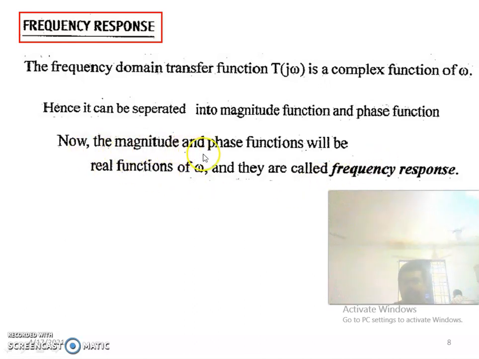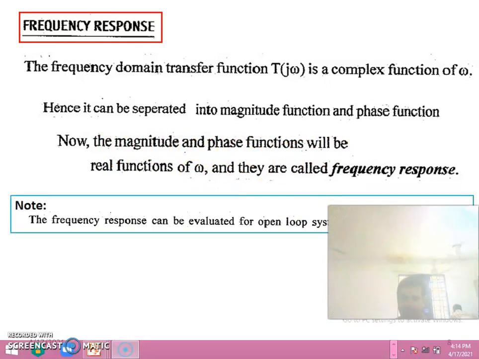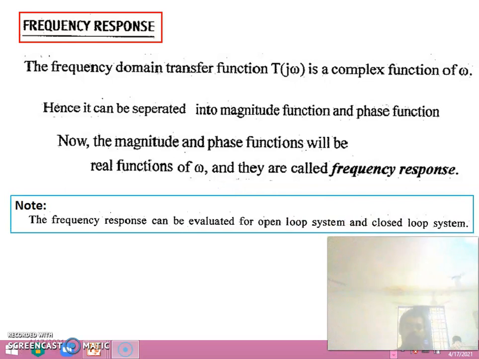Here, the magnitude and phase functions will be real functions of omega and they are called the frequency response. The frequency response can be calculated for both open loop as well as closed loop transfer functions.